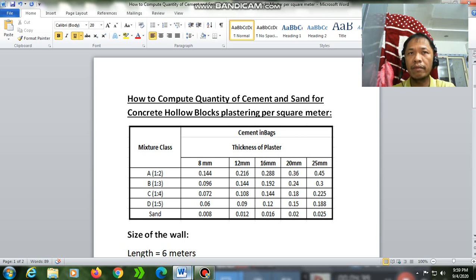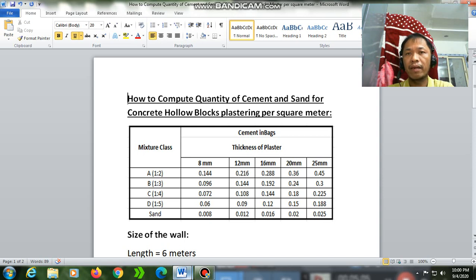This is constant, no? If you use class B mixture, this is constant. It depends on you. Okay, kung gusto niyo ng matibay, na pinakamatibay, you will use class A, 1:2. But expensive.